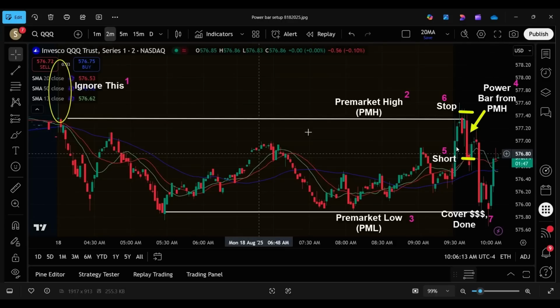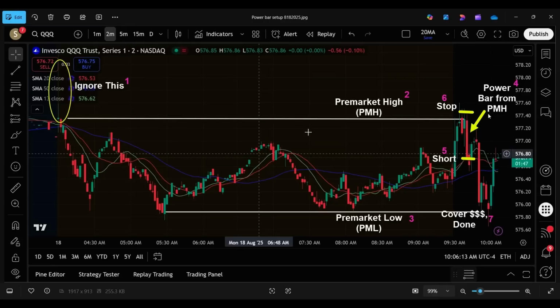We get a move higher, and then we get the power bar. This happened at 9:40, and I'm using a picture of the chart that I've marked up. This is at 9:40. That's the power bar for this trade because it begins at the pre-market high and it moves lower.